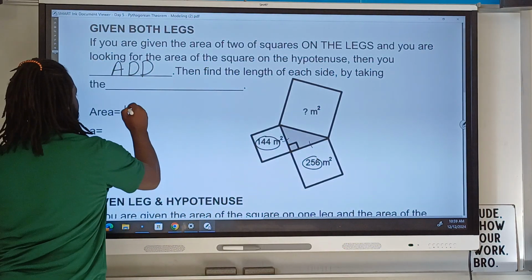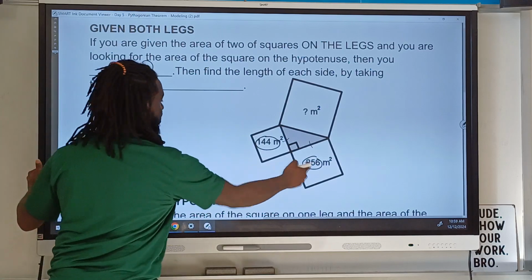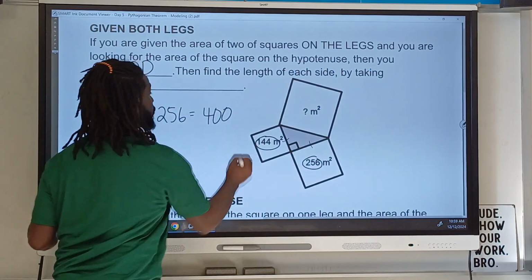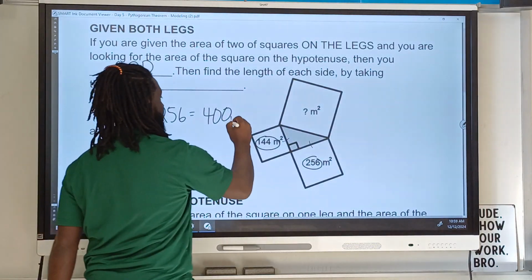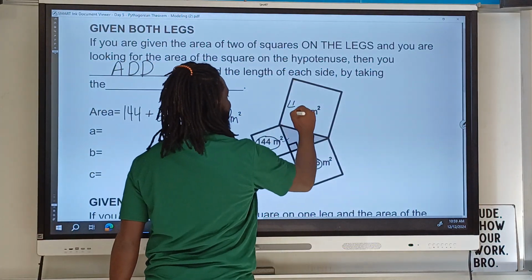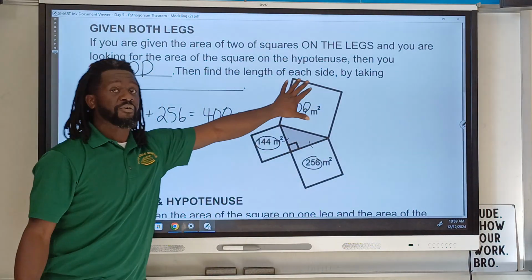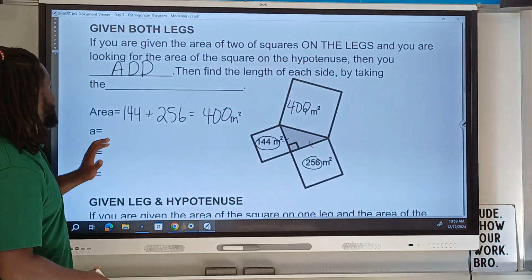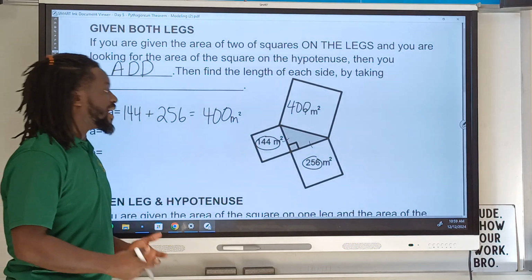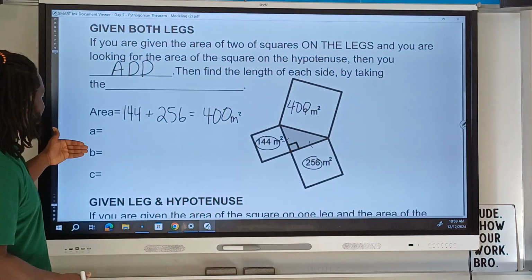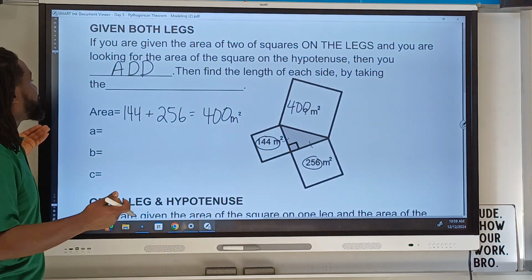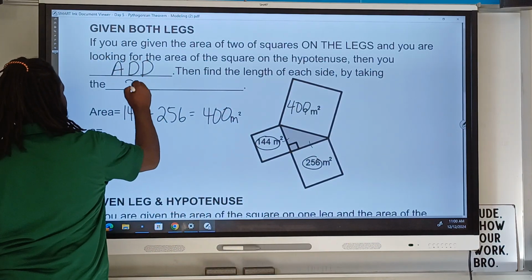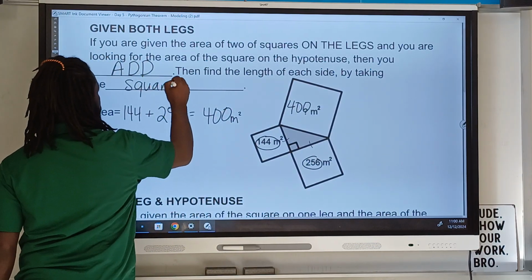So 144 plus 256, that is going to give me 400. So 400 meters squared, that is the area of the square along the hypotenuse. Okay, so I found the area. Now I want to know what is A, B, and C. Well, to find the length of each side, we have to take the square root.